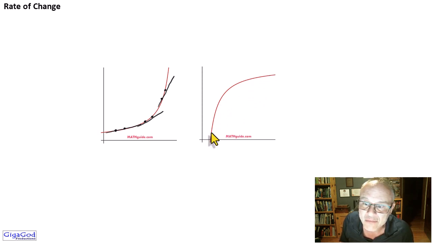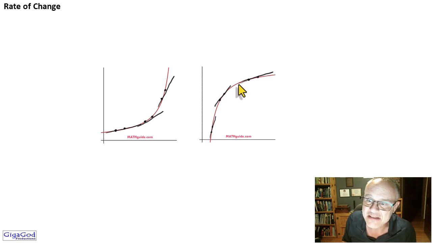But watch this. If you grab these 2 points fairly close next to each other, I get a very steep line. I mean, it's very positive there. If I grab these 2 points and I connect them, it's not as steep as this part. It's less steep over here. And then finally over here, if I grab these 2 points and I connect them, I could see that this line is even less steep than this.